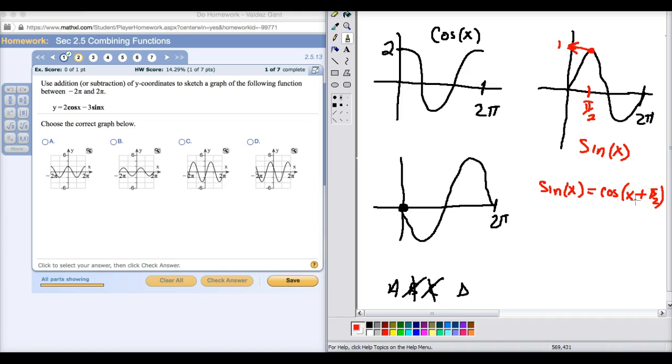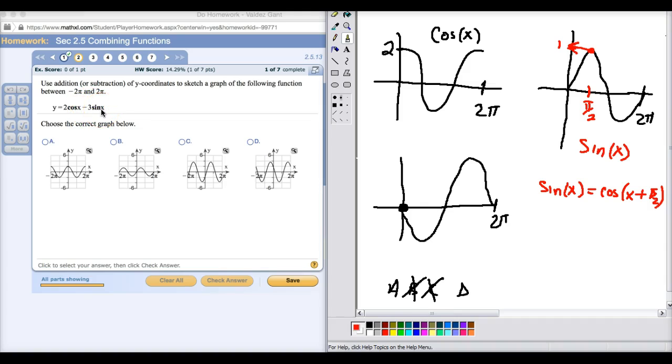So what we want to do here is pick the graph out of A and D which shows us having some kind of phase shift. If we look at A, we'll see that it looks like a perfectly nice round cosine function. Matter of fact, it looks like cosine of 2x exactly, without the -3 sine part in it.